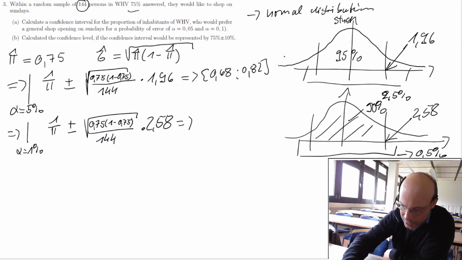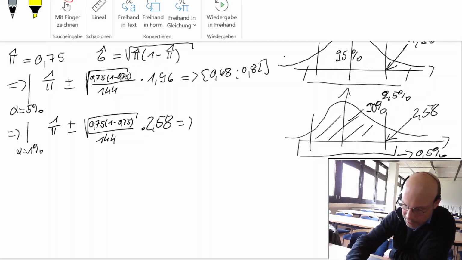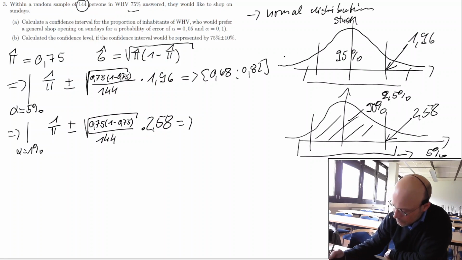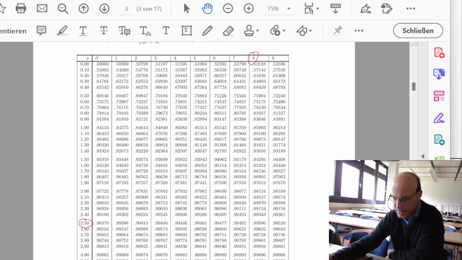And if we have 90%, then every tail is 5%. And if every tail is 5%, then we need 0.95, and then we are roughly at 1.6.